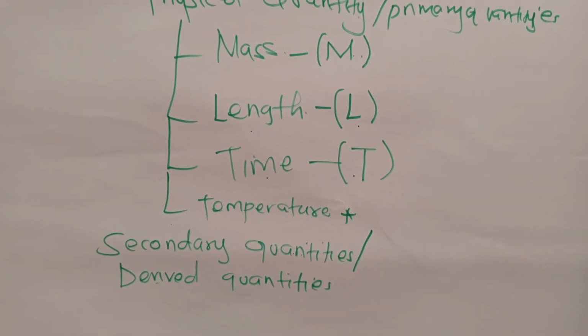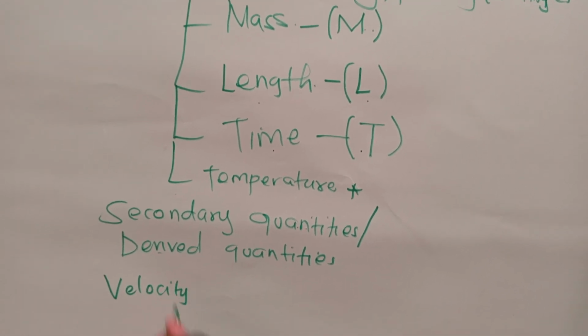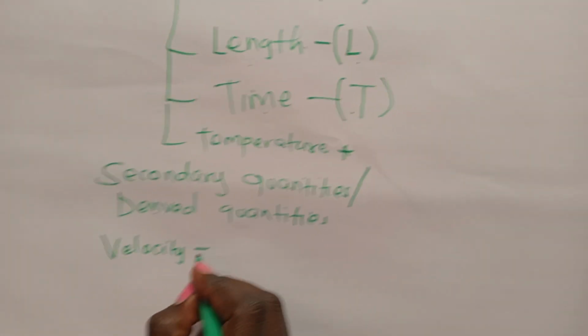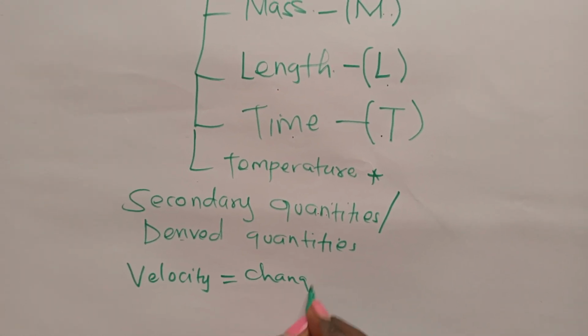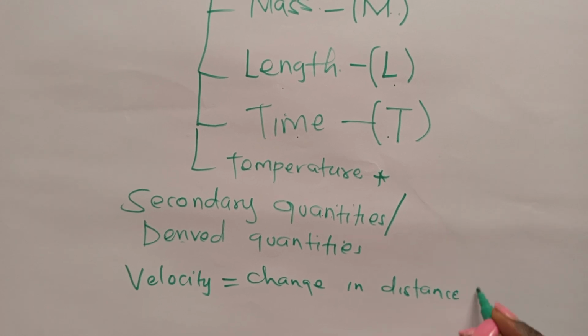For example, let's say velocity. From the definition, we know that velocity is change in distance per unit time.